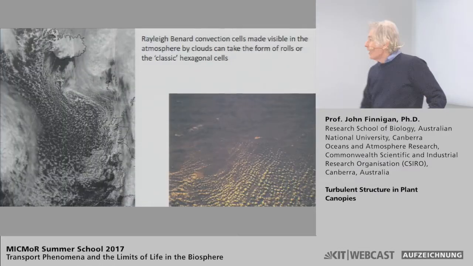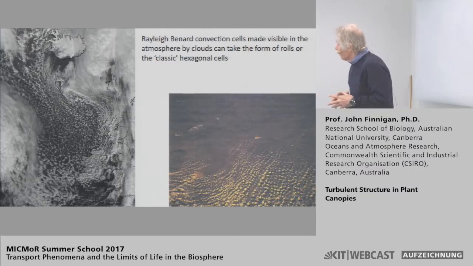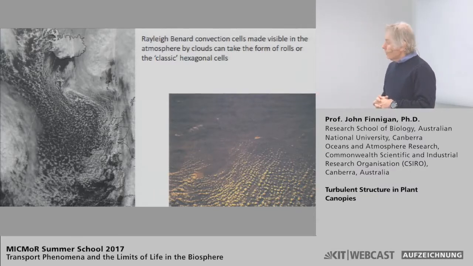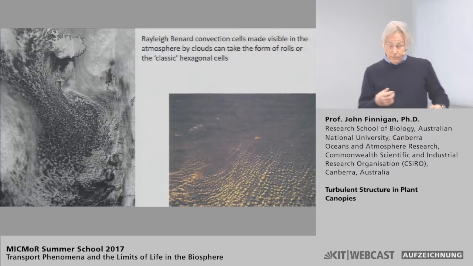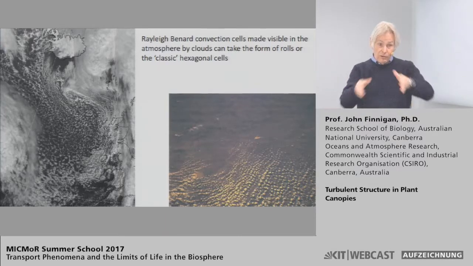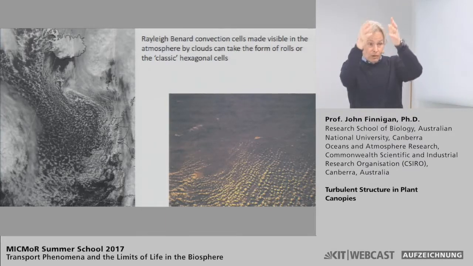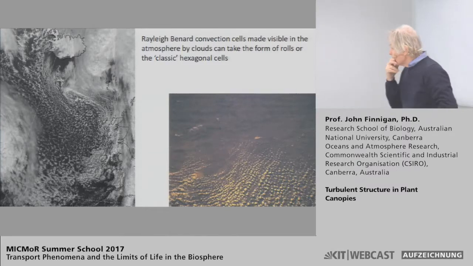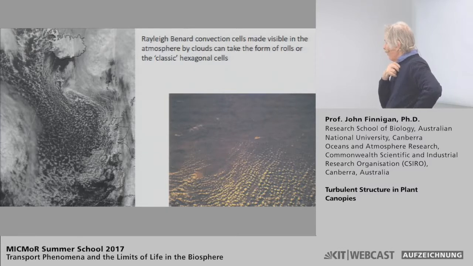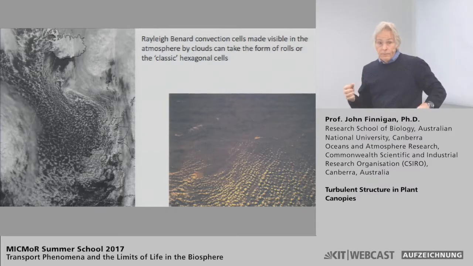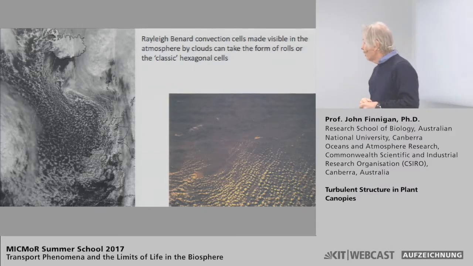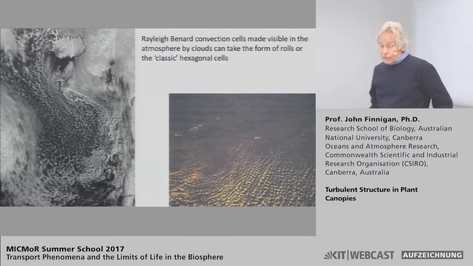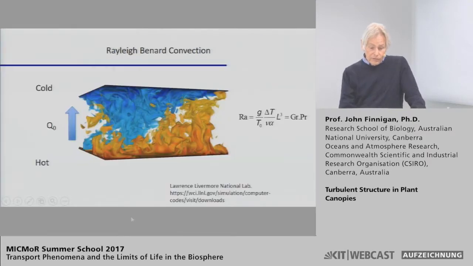And here are some pictures of the fact that when things get more unstable, the rolls, which were originally, in this case, visualized because cloud often forms in the upward regions if the air is moist, as the wind gets a bit gentler and the convection is still strong, then the rolls start to break up into cells, these blobs, which are the classic Rayleigh-Benard cells.